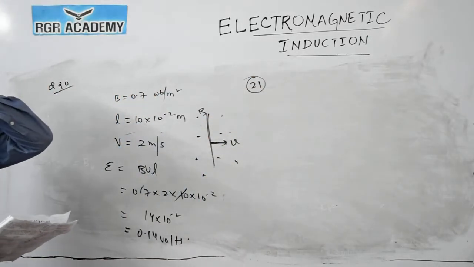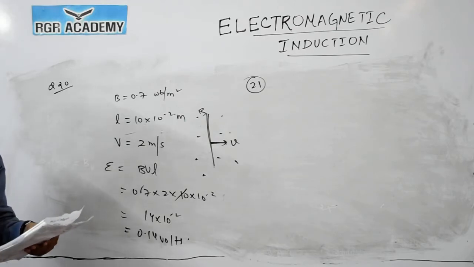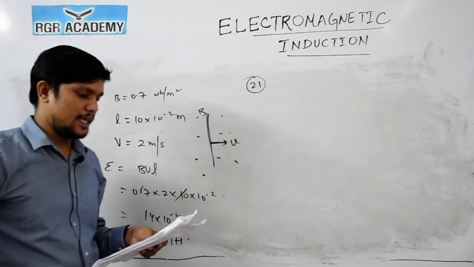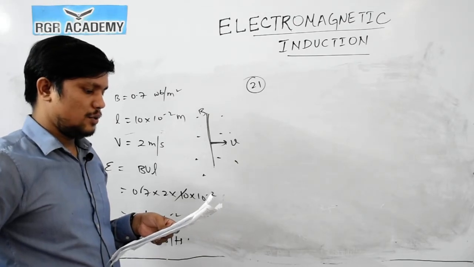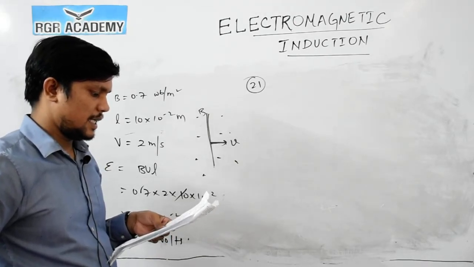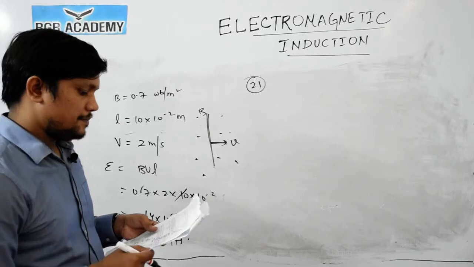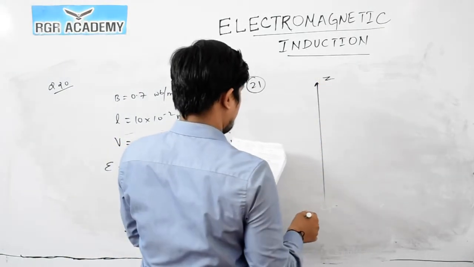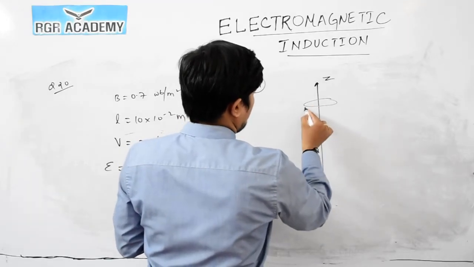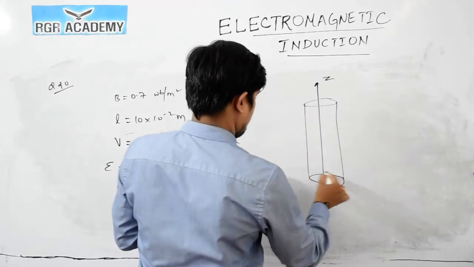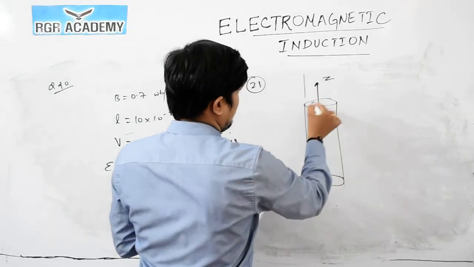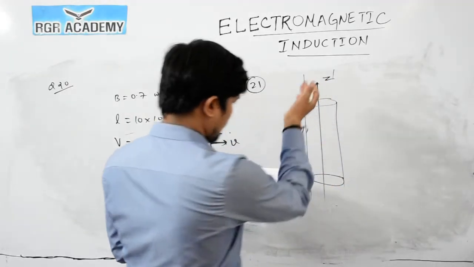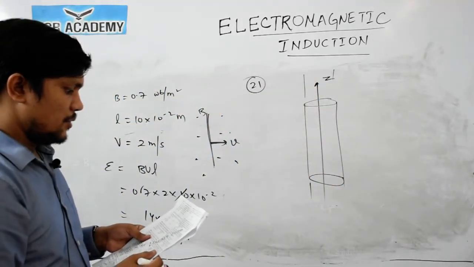An infinitely long cylinder is kept parallel to a uniform magnetic field directed along the positive z axis. The direction of induced current as seen from the z axis will be? If you consider this is the z axis, the infinitely long cylinder is placed parallel to this z axis, like this, with uniform magnetic field.